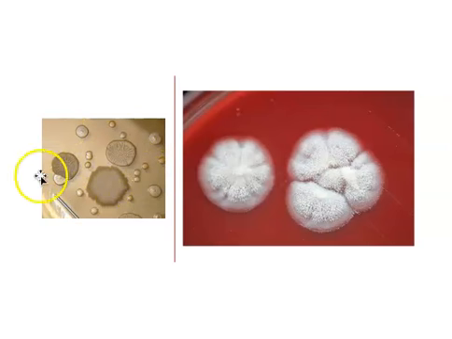In actuality, this plate is full of fungal colonies, and this plate has a bacterium growing on it. So again, you just can't tell bacteria from fungi by colony morphology. You have to do further testing. You have to look at the organism under the microscope to know what you're dealing with.